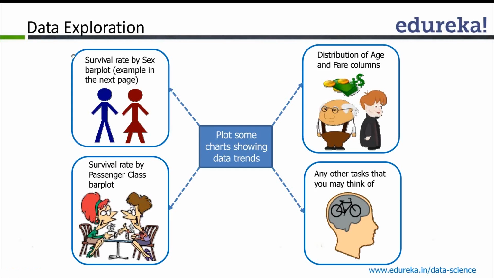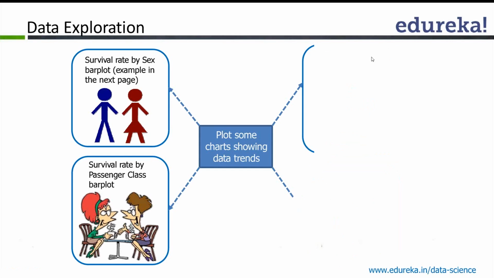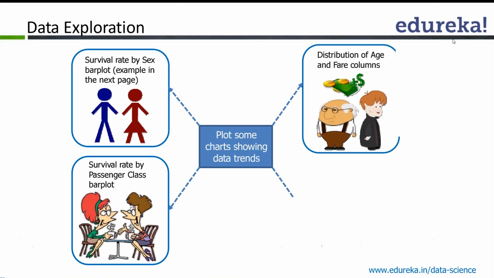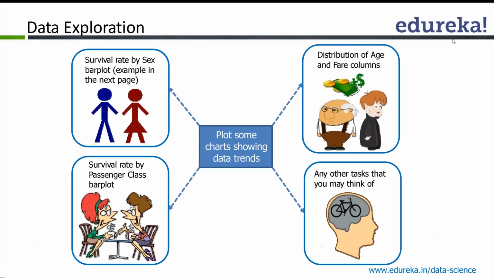Okay, and in this particular data set as well, you can think of a lot of exploratory tasks. Okay, and some of the examples I'm going to give here, but you can do a lot more things, and that's where the real project comes in. You can think of something new and then add it. That's always nice and encouraged.